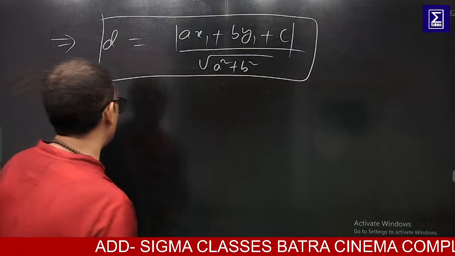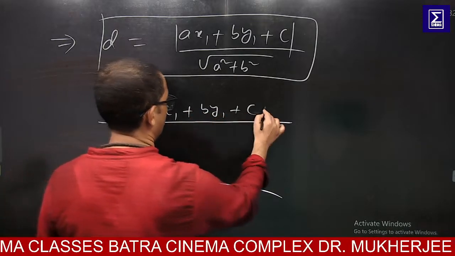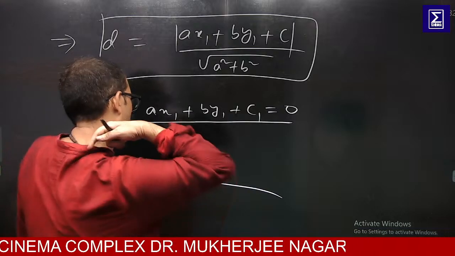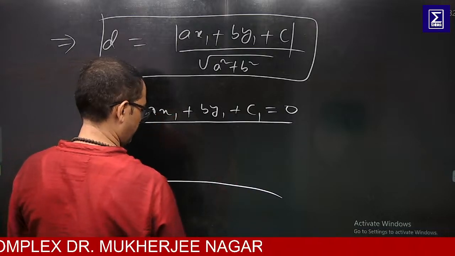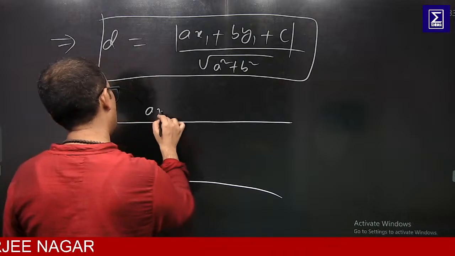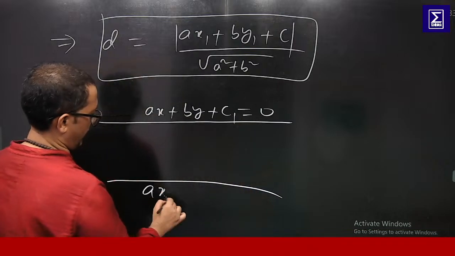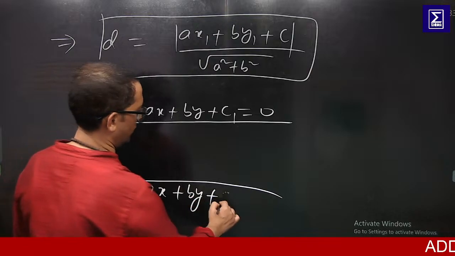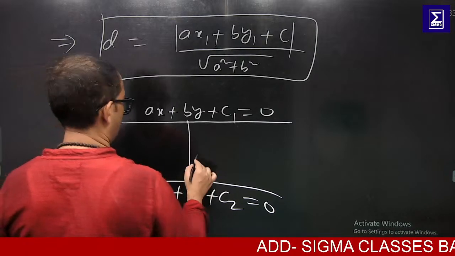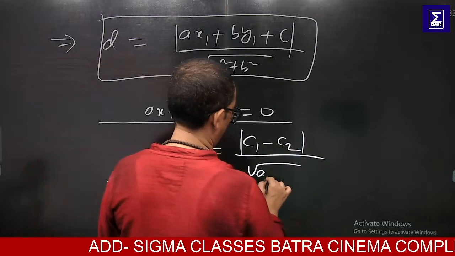If two lines are given, let me write this way, AX plus BY plus C1 is equal to 0, and AX plus BY plus C2 is equal to 0, and we have to find the perpendicular distance D. So that is nothing but C1 minus C2 upon root under A square plus B square.